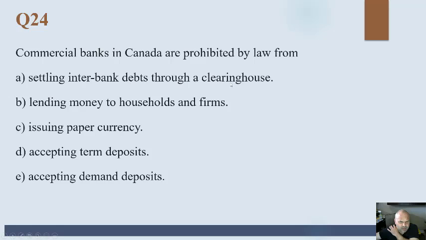We didn't talk about a clearinghouse, but this sort of thing is what is actually done. Now, commercial banks, we know, can lend money to households and firms. There's nothing preventing them from doing that. We know they can accept demand deposits. We know they can accept term deposits. The one thing here that's questionable is C, issuing paper currency. Well, we know that only the Bank of Canada can do that. So the correct answer here is C.